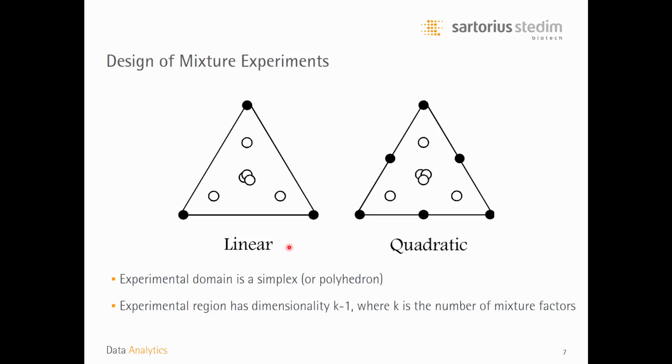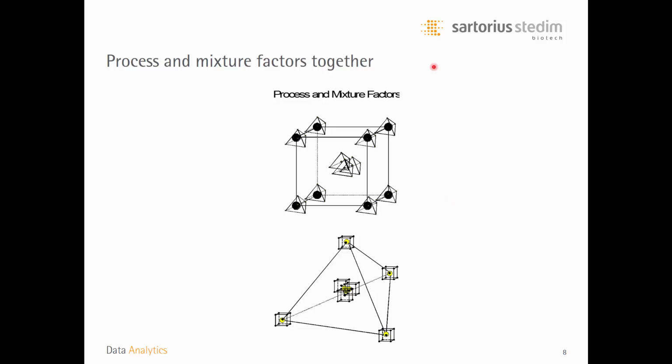to realize is that the experimental region has the dimensionality 1 less than the number of mixture factors. So if we have k mixture factors, the experimental design, when we deal exclusively with mixture experiments, has dimensionality k minus 1. But of course, we don't have to have designs where we study process factors separately and mixture factors separately.